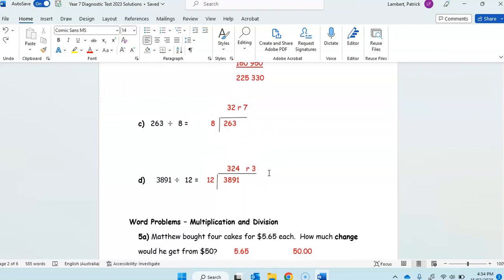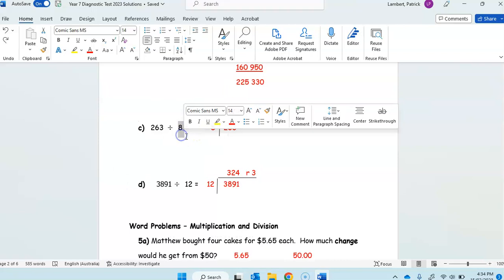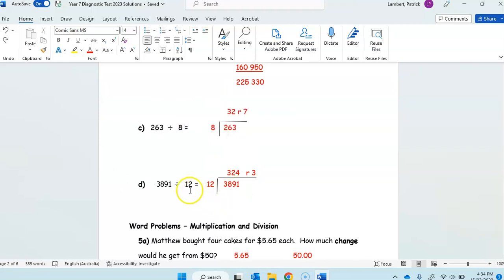Now, these division sums, 8 of course is the divisor. Here, 12 is the divisor. You could have gone simply, and some people did, put a decimal point there and put 0s, but you didn't need to do that. You just lay it out as a normal sum and then do your division.